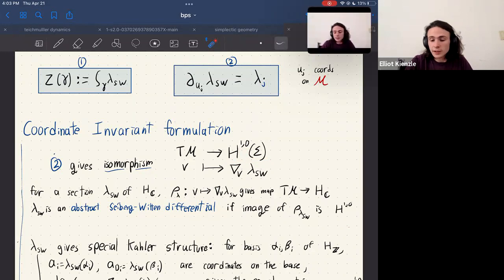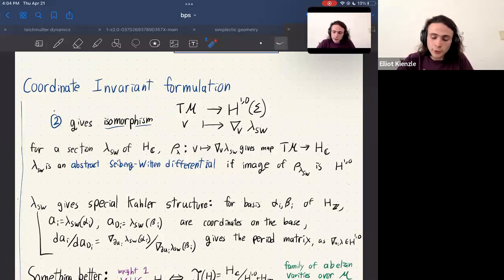And specifically, it's going to take a vector, a direction on your moduli space, and you're going to look at the covariant derivative of the Seiberg-Witten form with respect to that vector in the Gauss-Manin connection. And that is going to have to be holomorphic forms, and it has to give you every holomorphic form from this construction. That's what needs to happen.